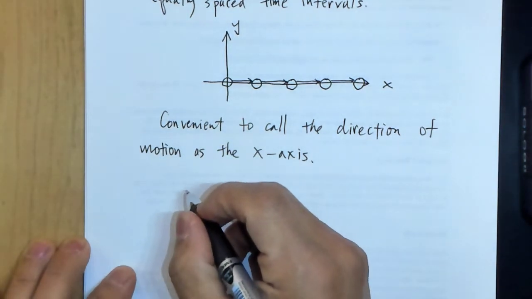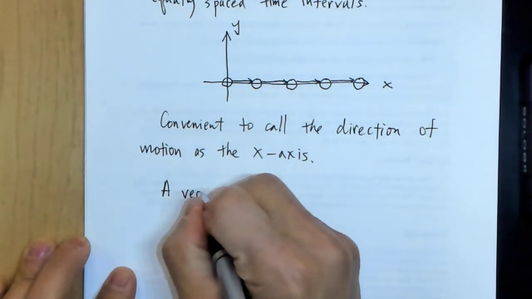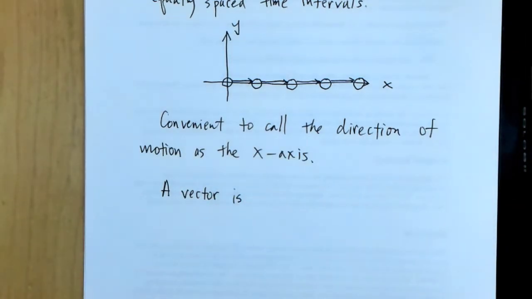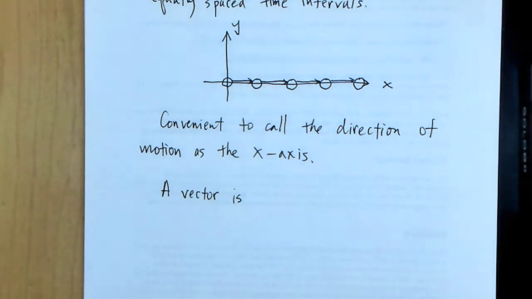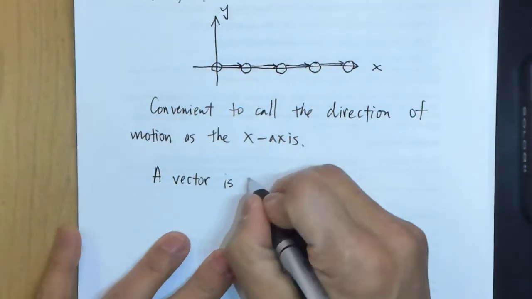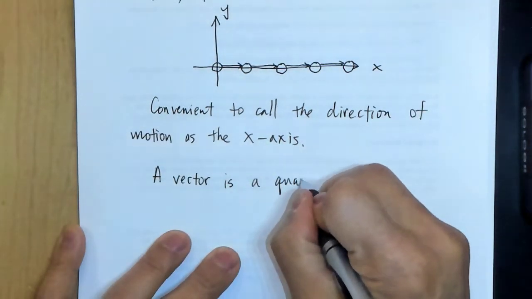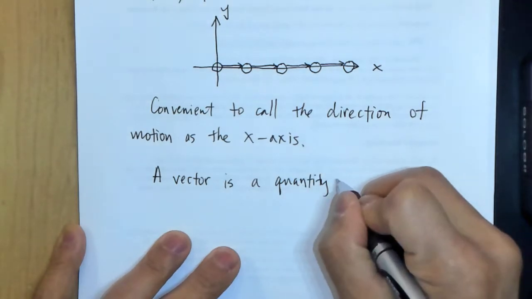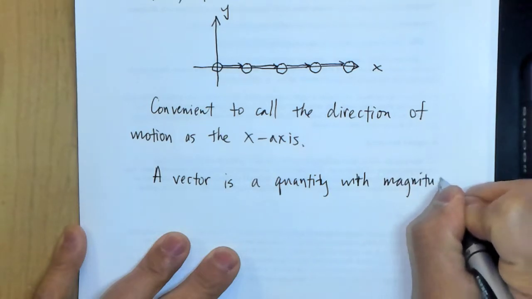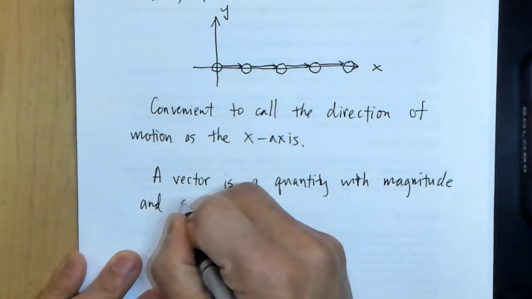Now, the next thing I'll talk about is a vector. Actually, you guys have learned about vectors before, I know. So somebody give me a definition of a vector. Yeah, something with magnitude and direction. Okay, so a vector is a quantity with magnitude and direction.